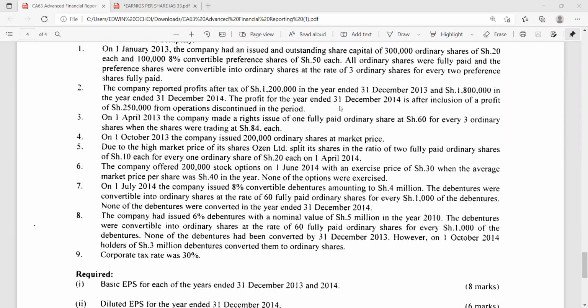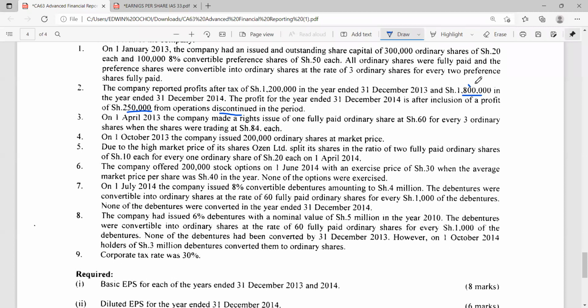The profit for 2014 is after inclusion of a profit of 250,000 from operations discontinued in the period, which means that this 1.8 is inclusive of 250,000 from discontinued operations.